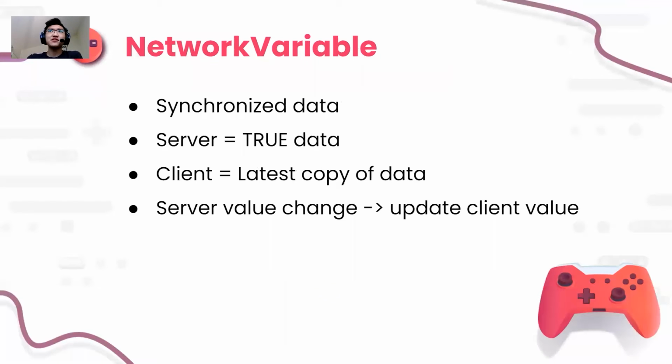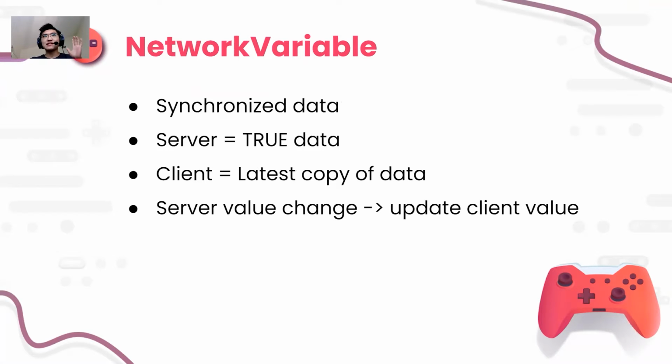The next important feature is the network variable, which is just like a regular variable in Unity, right? You can change it the same exact way. The only thing is that when you change a network variable on the server, it will automatically update this variable on other clients.